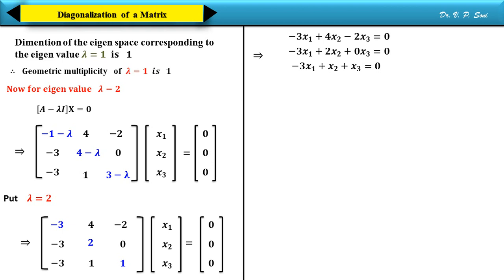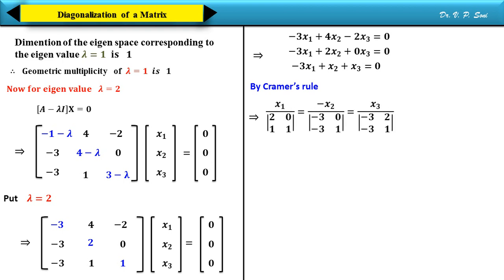Now by Cramer's rule, x1 upon the determinant whose first row is 2, 0 and second row 1, 1 equal to minus x2 upon the determinant whose first row is minus 3, 0 and second row minus 3, 1 equal to x3 upon the determinant whose first row is minus 3, 2 and second row minus 3, 1. This implies x1 upon 2 equal to x2 upon 3 equal to x3 upon 3.